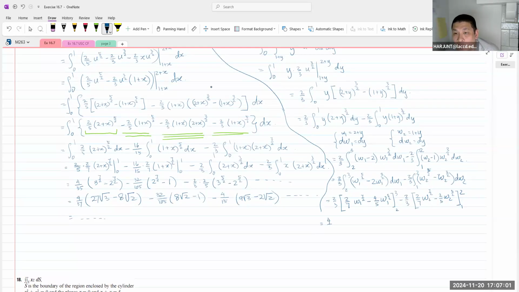so this will be 4 over 21 times 27 radical 3 minus 8 radical 2 for the first one, minus 8 over 15 times 9 radical 3 minus 4 radical 2, and then minus 4 over 21 times 8 radical 2 minus 1, minus 2/5.